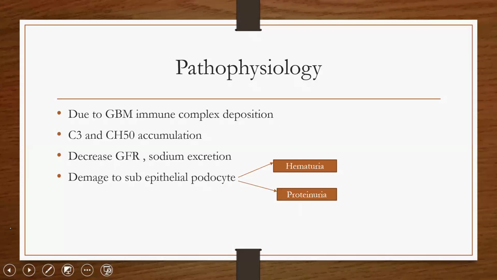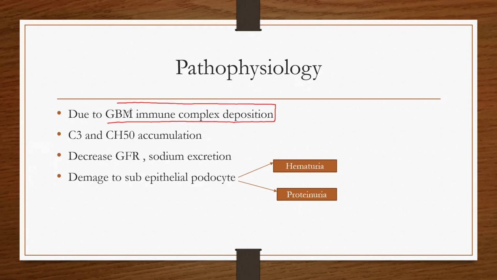Okay, so the pathophysiology is very important in streptococcal glomerulonephritis. It is basically due to glomerular basement membrane immune complex deposition. This immune complex deposition in the glomerular basement membrane leads to decreased GFR.